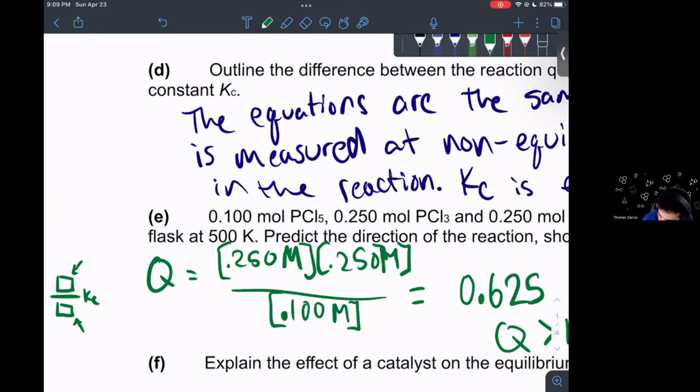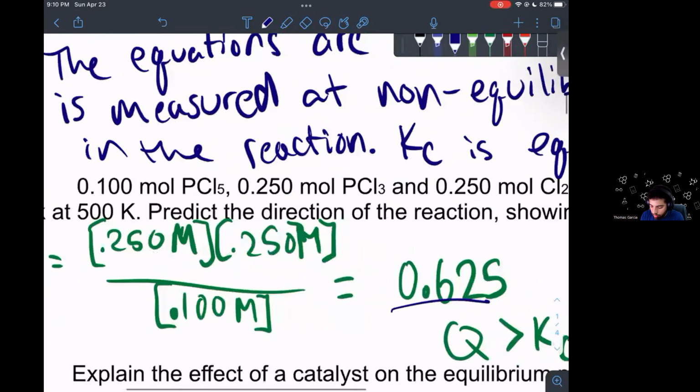If this top part gets bigger and this bottom part gets smaller, this whole thing will try to equilibrate, to come back to equilibrium. So it will do whatever it can to make the top part smaller and the bottom part bigger. It's always going to try and do the reverse of what's happening. It wants that balance.